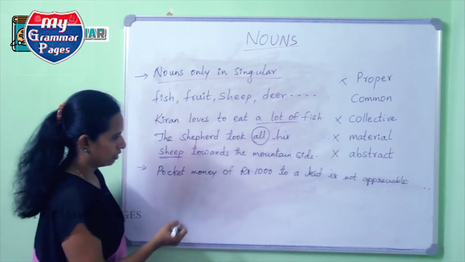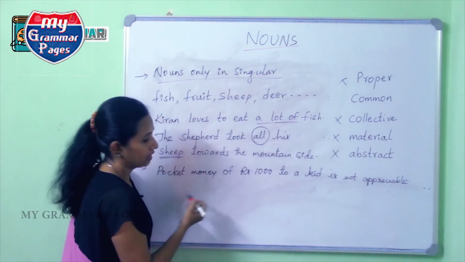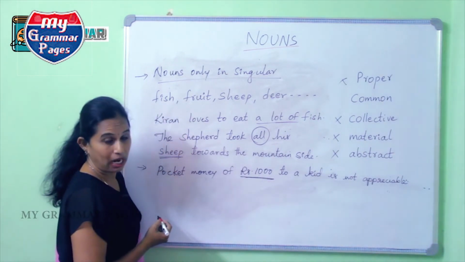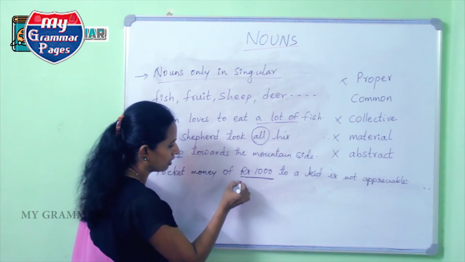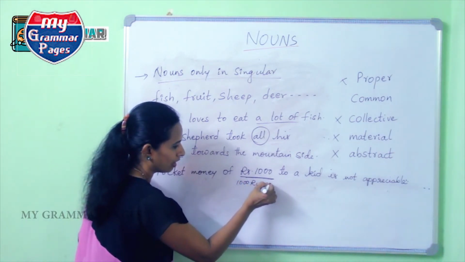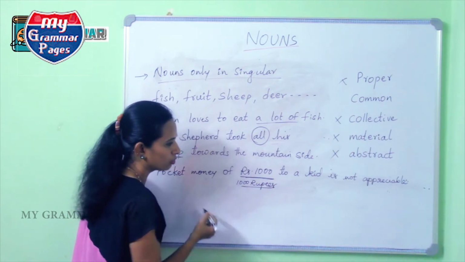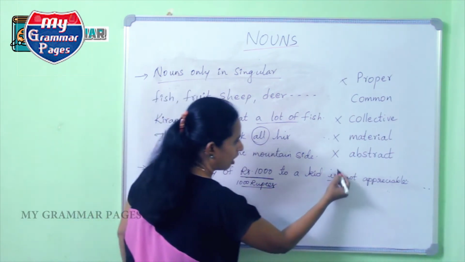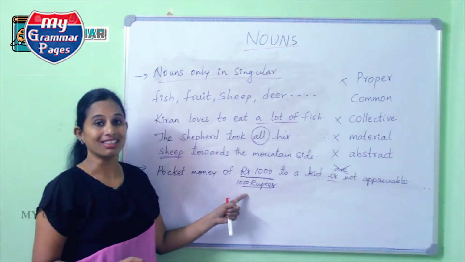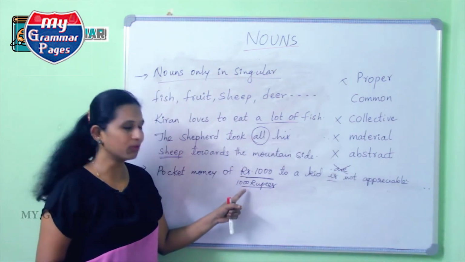In this one, rupees 1000, we consider it to be the plural form, 100 rupees, or you can write 1000 rupees. Don't consider this rupees as plural and make it as are here. This are goes wrong because we are considering it as only singular but not plural verb.